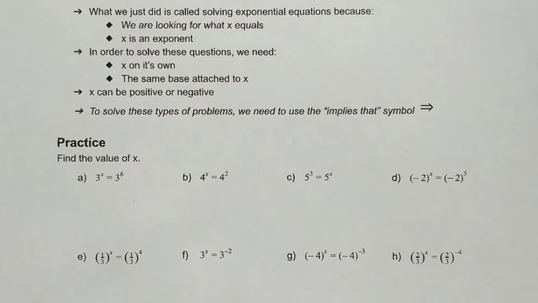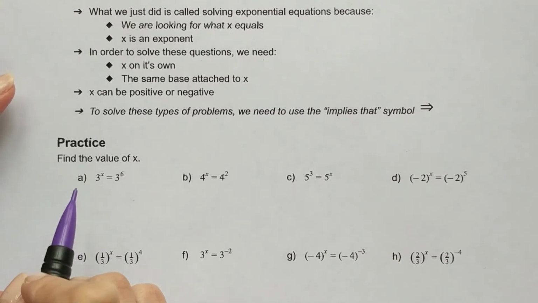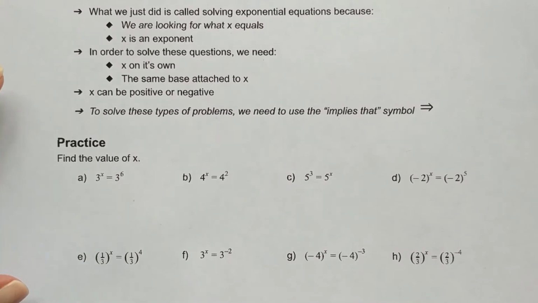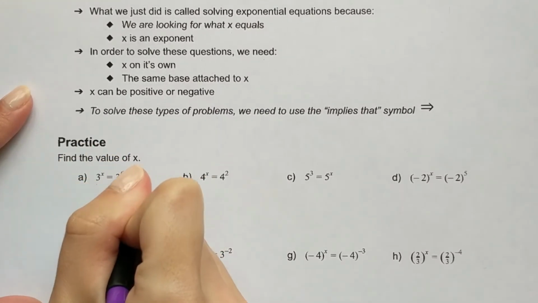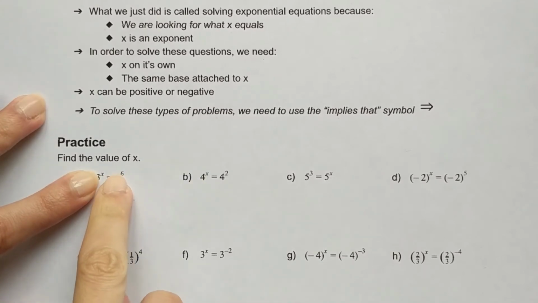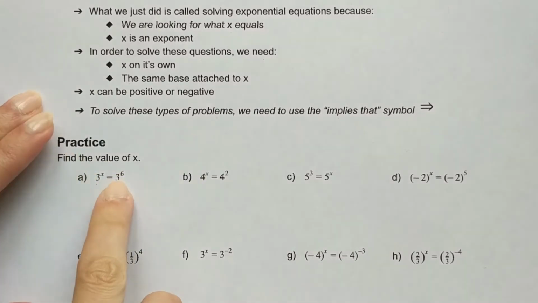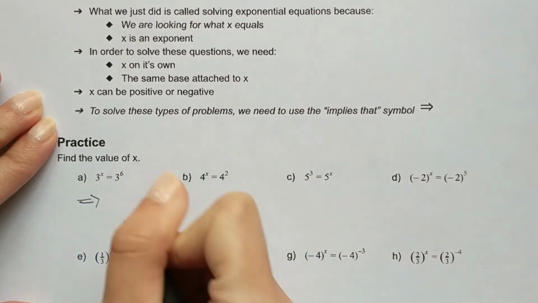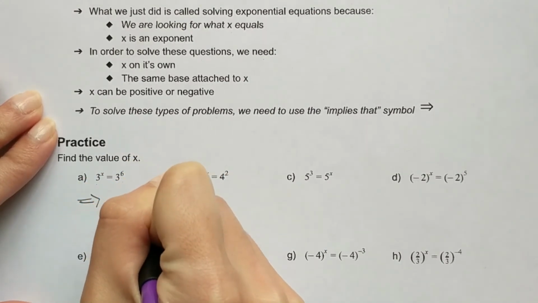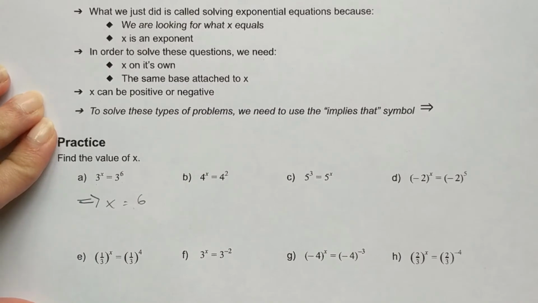Example number 1, 3 to the power of x is equal to 3 to the power of 6. Well, we already said that we can just ignore our bases and only look at our exponents. And so I'm going to say this implies that x is equal to 6.